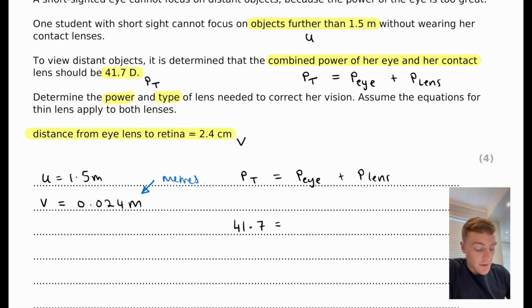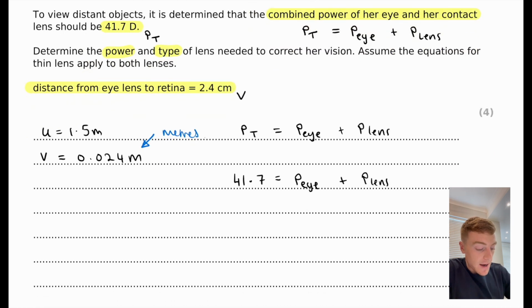So what we can then do is work out the power of the eye, and then we need to work out the power of the lens, and this power of the lens should offset the power of the eye in order to achieve 41.7. Okay, so P of the eye is going to be equal to 1 over the focal length of the eye, which is equal to 1 over u plus 1 over v from our lens equation.